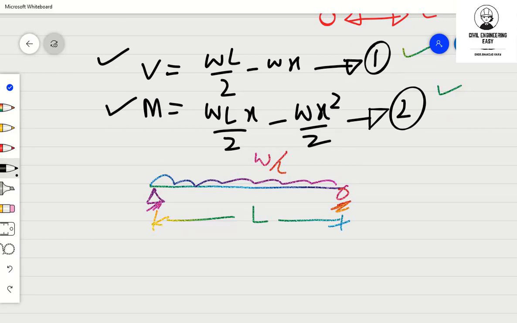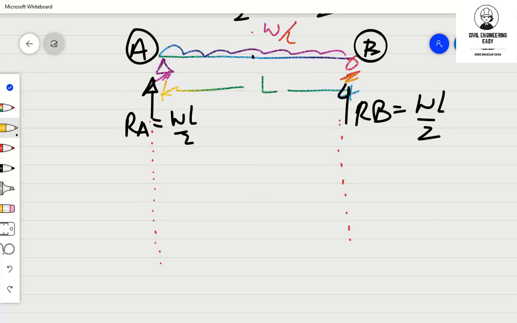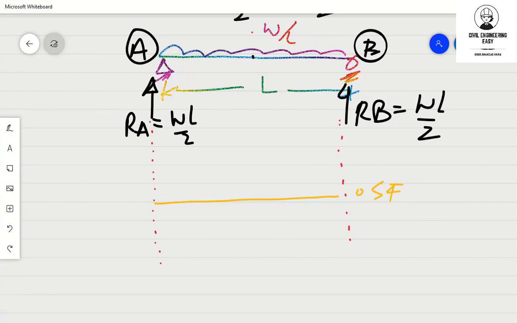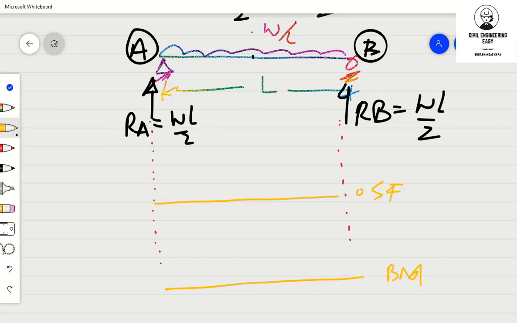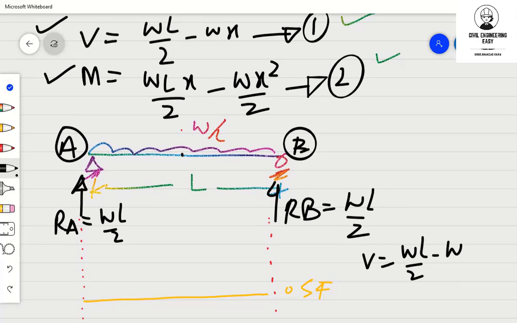and we have already found the reaction A that is equal to WL by 2 and reaction B that is equal to WL by 2, and we will draw a zero shear force line for the shear force diagram and similarly a zero line for the bending moment diagram. So for the shear force we have an equation that is equal to WL divided by 2 minus WX.